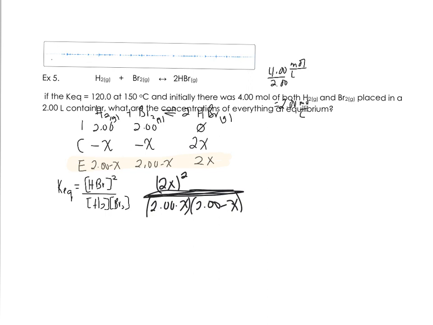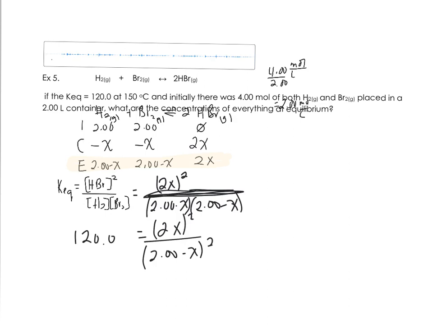So this becomes 2x squared over, we can change the bottom to 2 minus x squared, because there's 2 of them squared, and this is equal to 120.